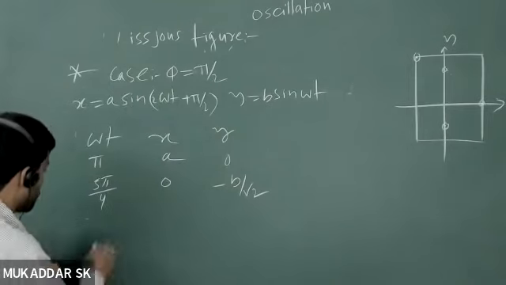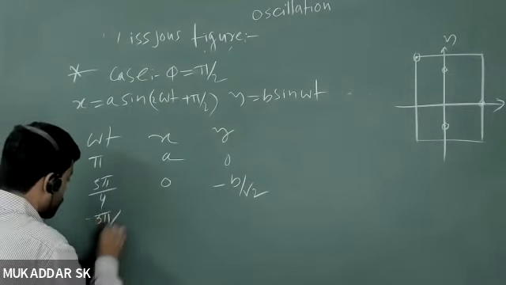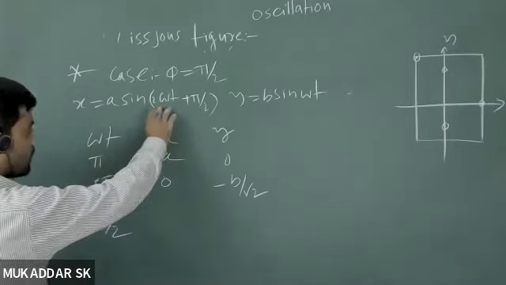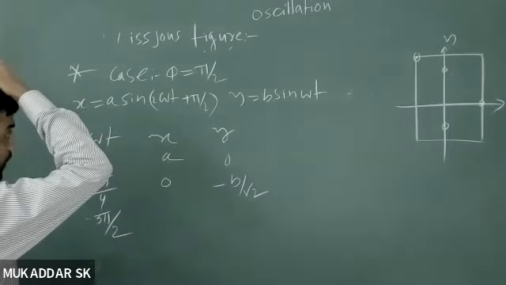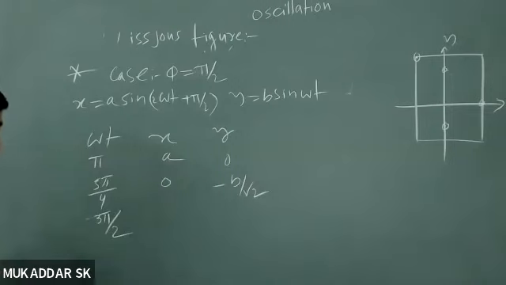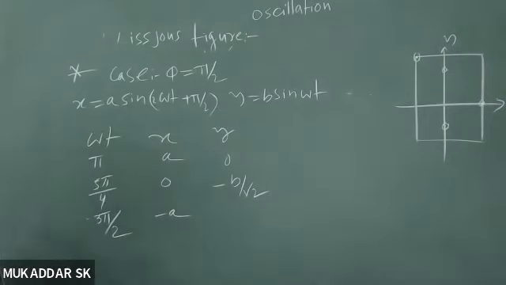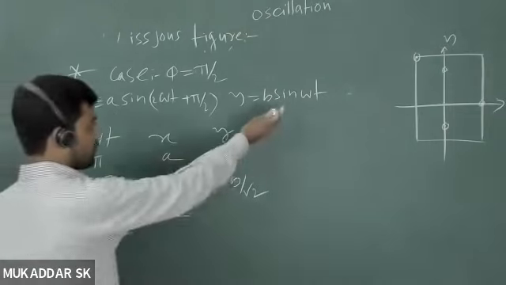Next, if you take 3 pi by 2, then this will become how much? 3 pi plus pi by 2, how much is it? Sin 3 pi plus pi by 2, how much? It will be minus a. You check. Minus a. And what about this?